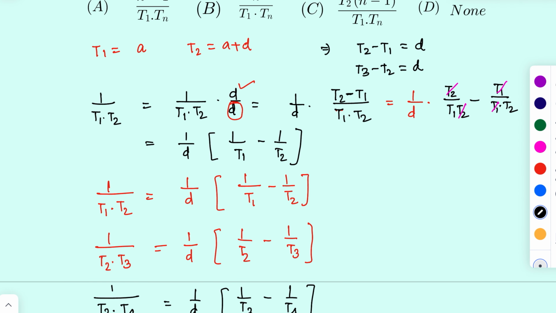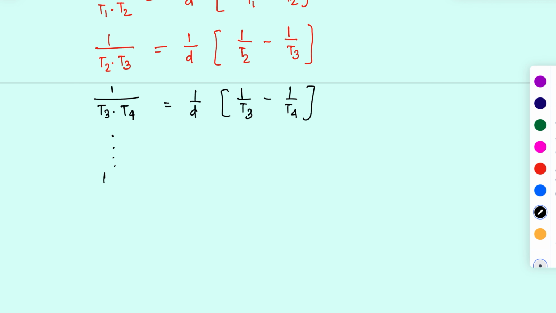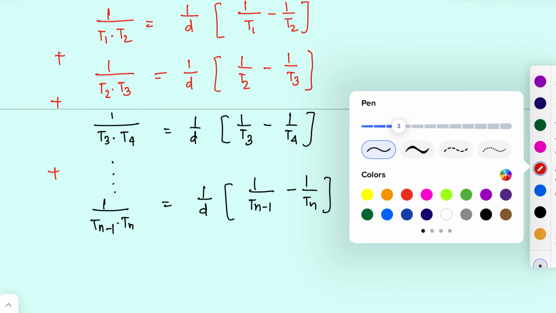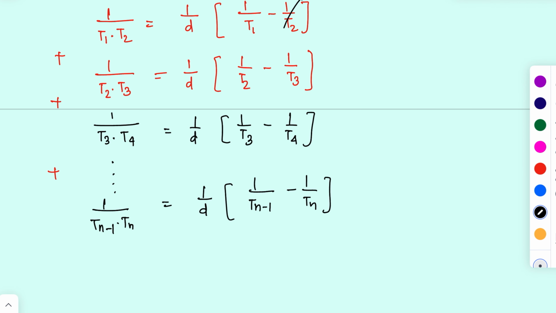Similarly up to tn, that means 1 by t(n minus 1) into tn is equal to 1 by d into 1 by t(n minus 1) minus 1 by tn. Now if we add all these terms, then we will see these terms will be cancelled out.